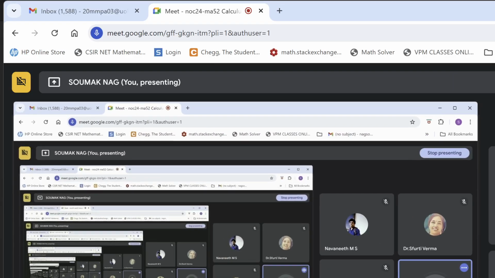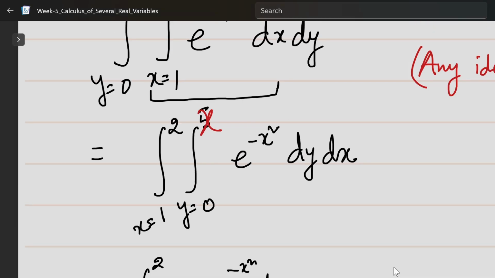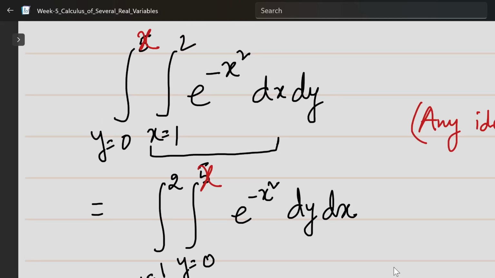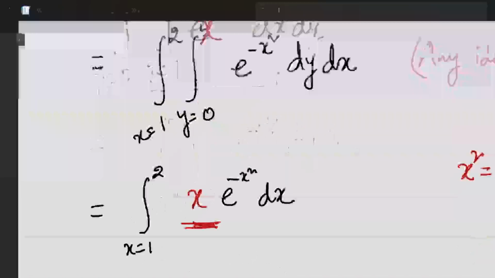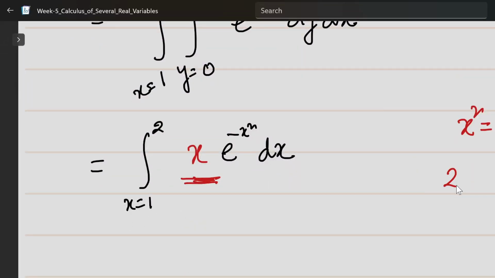Okay. So I am telling something about multiple integrals. I am telling when you have to do integration by change of order of integral. Since here x is coming, you can integrate it now. How? By putting x squared equal to some z, then you will get 2x dx as dz.